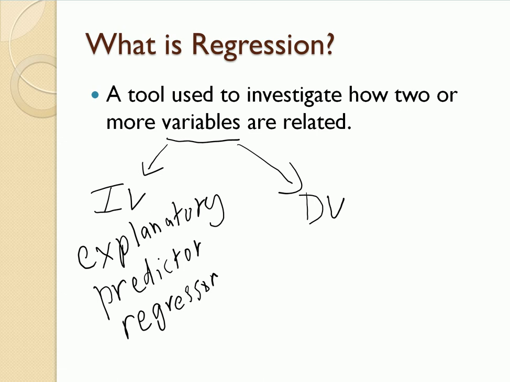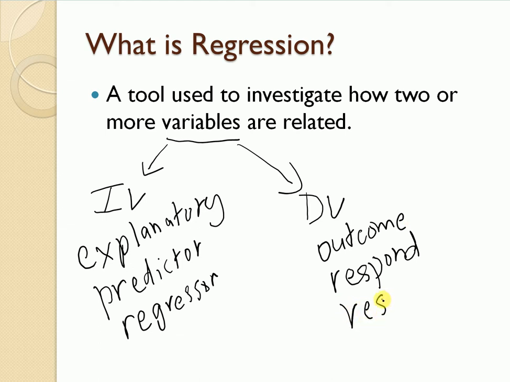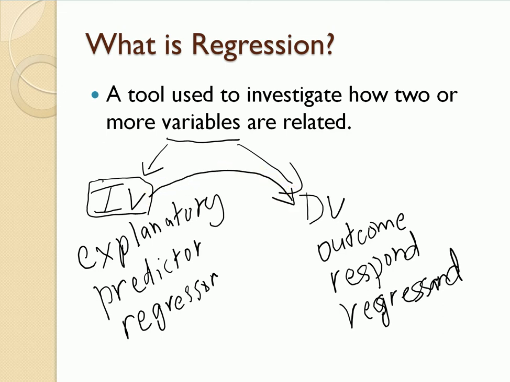The dependent variable, then, is also called the outcome variable, the response variable, or the regressand. So the independent variable, when you change its levels, the dependent variable is affected as a result.